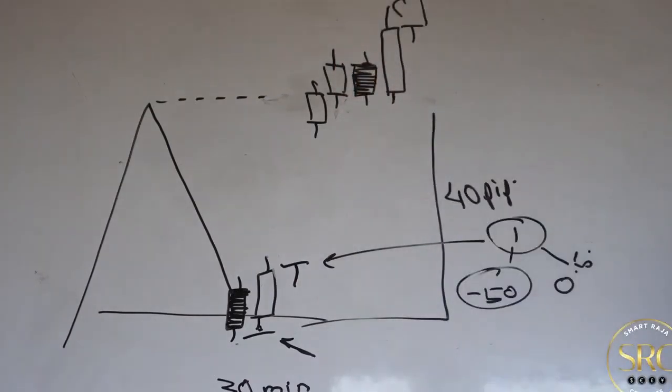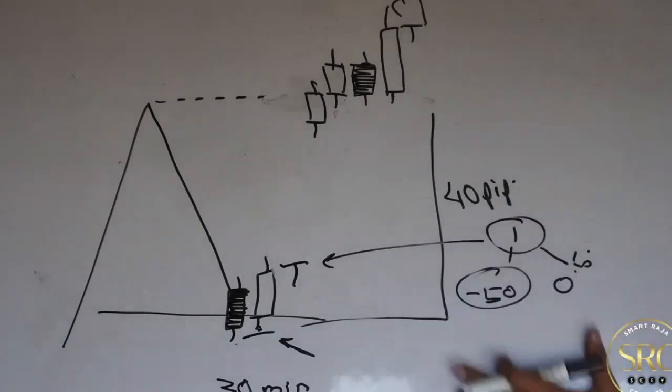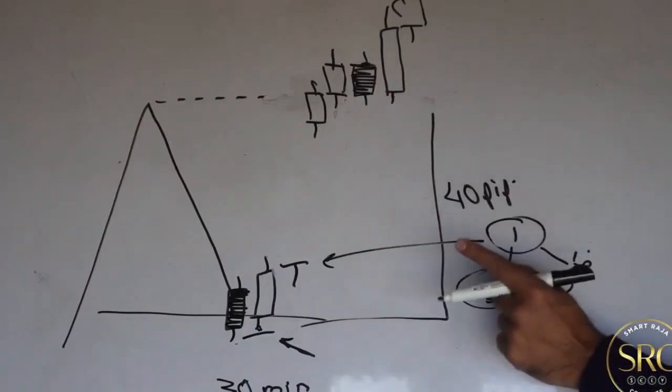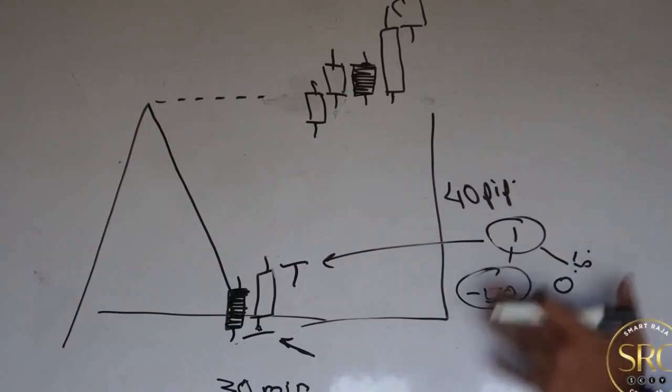Then what are you going to do? Well, in that case, you're going to use the concepts we talked about in how to give your trade a second chance, or the concept of adding positions to a winning trade.